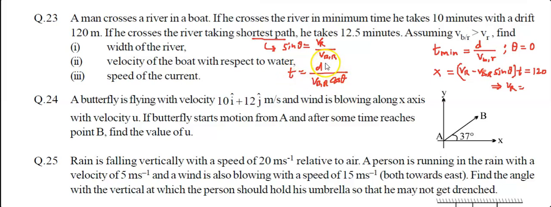T is known to us. You can get another relation between D and VBR, and theta can be borrowed from here, so that everything will be in D and VBR. So two equations, two unknowns, can be solved to find the width as well as VBR, and this you have already calculated by using this expression, right? So this can be handled in that way.